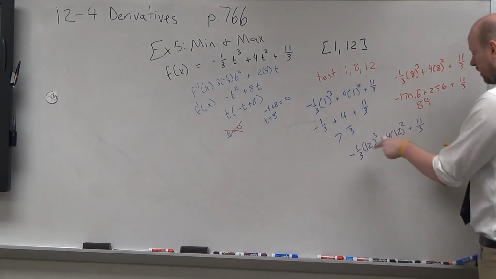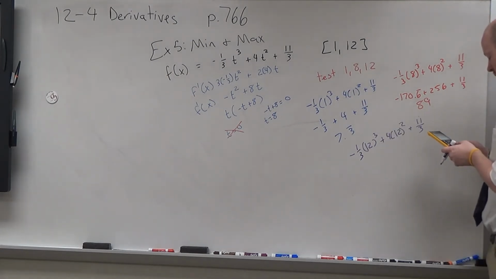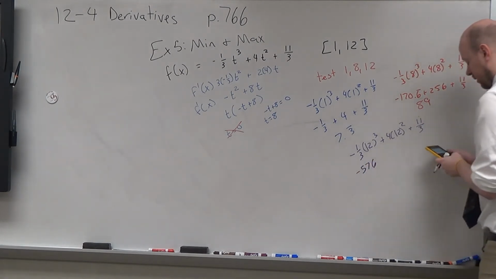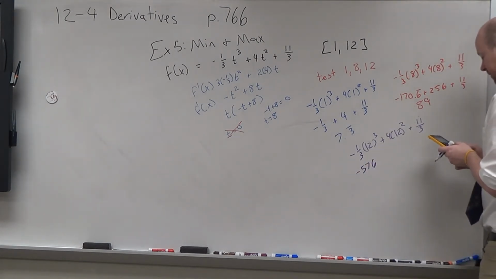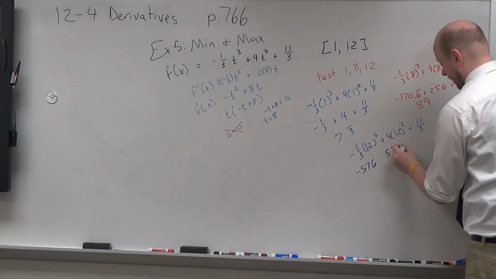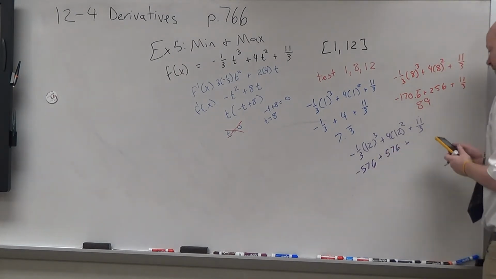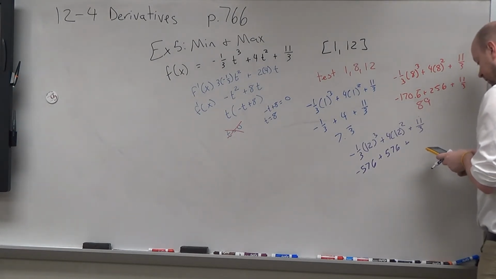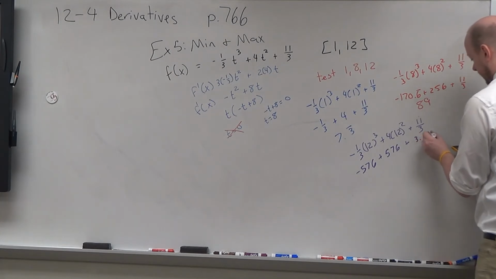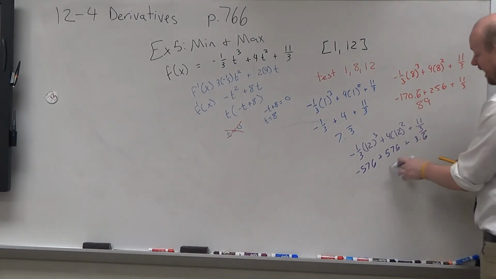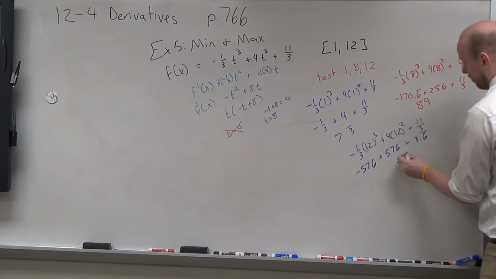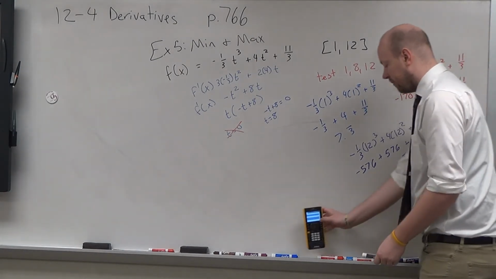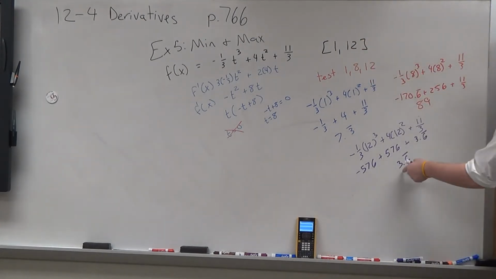Okay. 12 cubed times negative 1/3 is negative 576. 12 squared times 4 is 576. And then 11 over 3 is just 3.6 repeating. So the funny case is my minimum would be the 12.